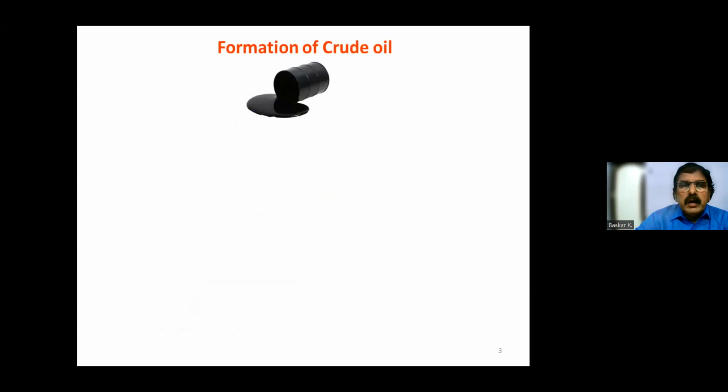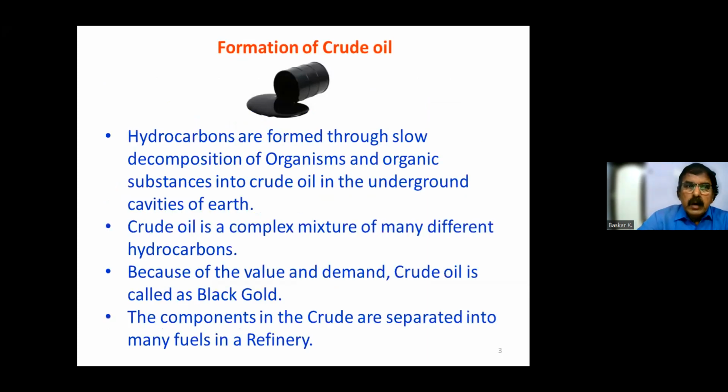So, how is crude oil formed? Hydrocarbons are formed through slow decomposition of organisms and organic substances in the underground cavities of Earth. Crude oil is a complex mixture made of different hydrocarbons.